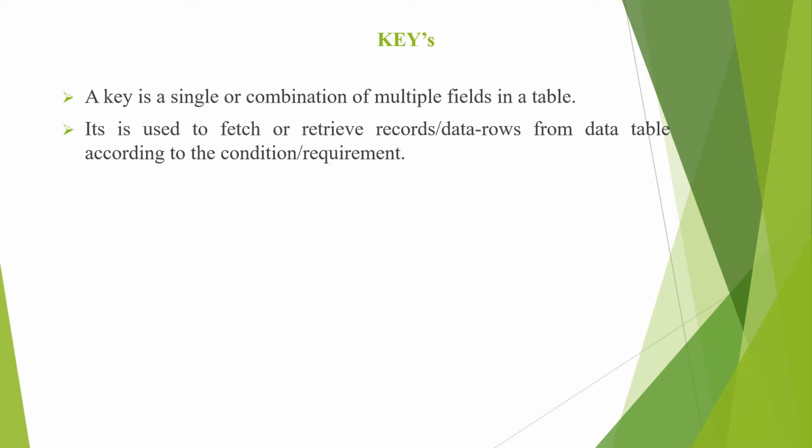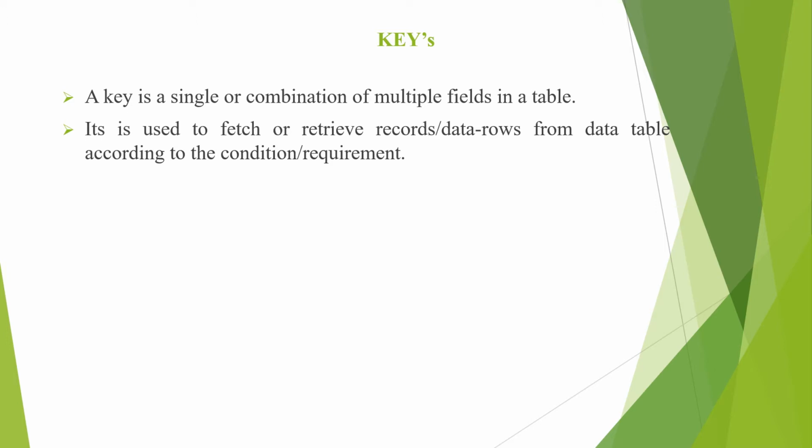So I will give one best example. If we are considering a student database, in the student table, we have a different set of columns which describe the data or table, that is student. First one is USN of the student, name of the student, date of birth of the student, age of the student, address of the student, phone number of the student.